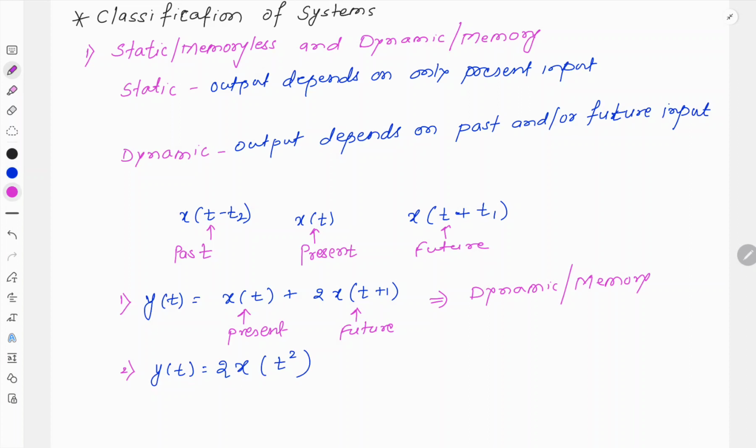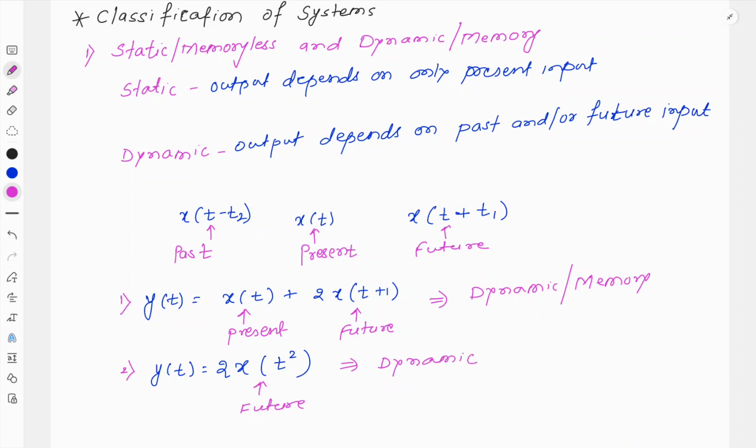But if we look at it in a proper way, let's say if this value of t is 4, then we have 2x of 4 square, which is 16. So 16 is ahead of 4. Therefore, this x of t input will be treated as future input. And as we know, if current output depends on future input, system is classified as again dynamic.